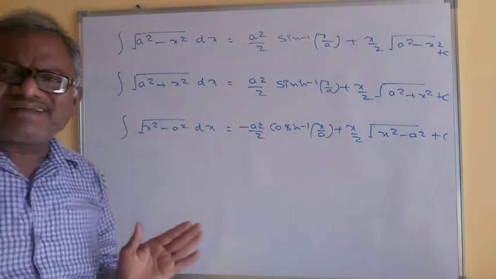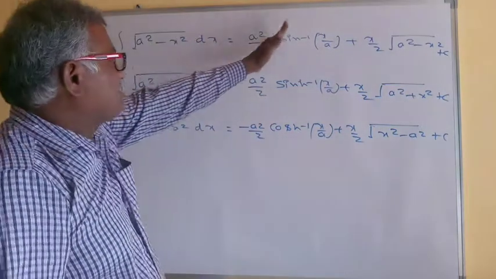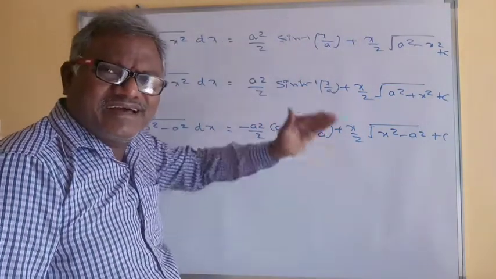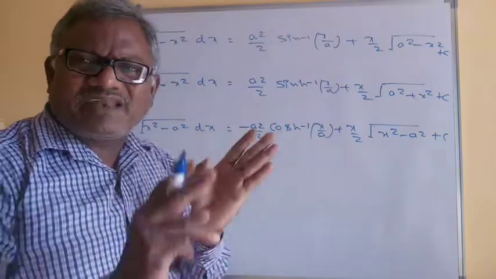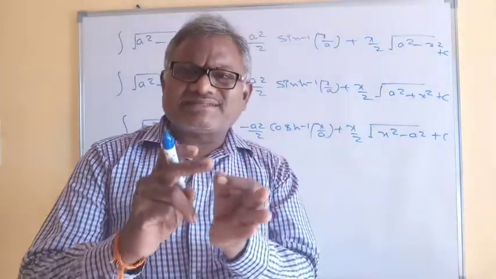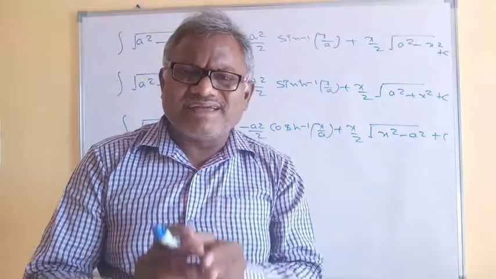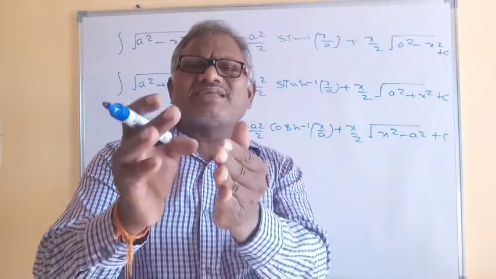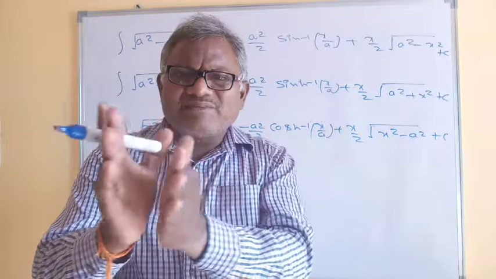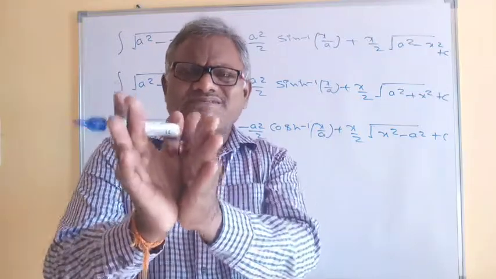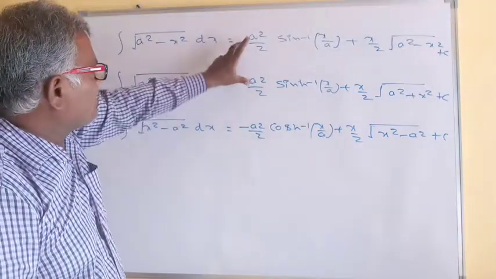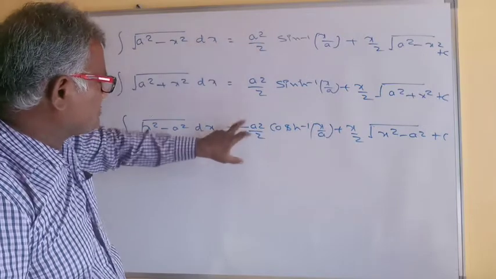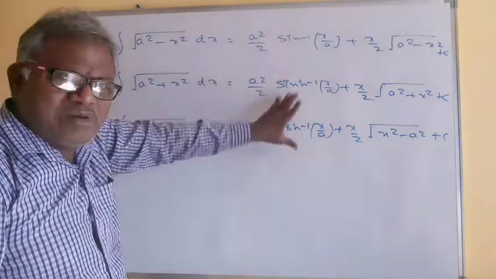You can remember it easily. For the first half, according to the standard ones: whenever it is under root a square minus x square, it means sin inverse x by a; a square plus x square means sin h inverse x by a; x square minus a square under root means cos h inverse x by a. The first two are positive, but here it is negative. Just remember this first half.